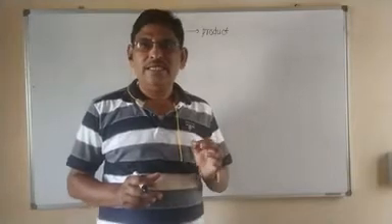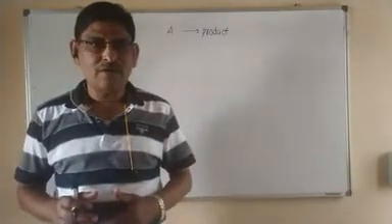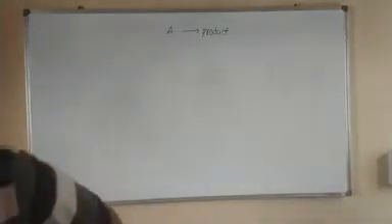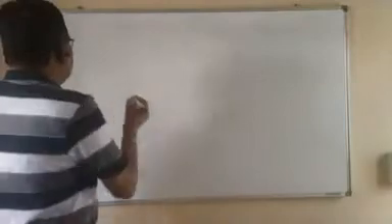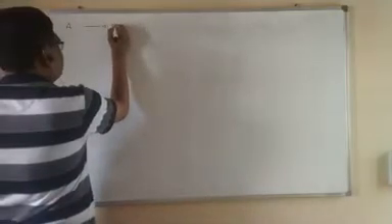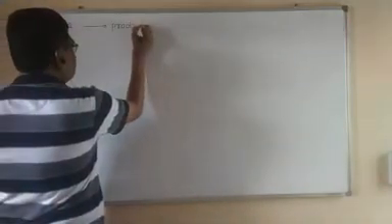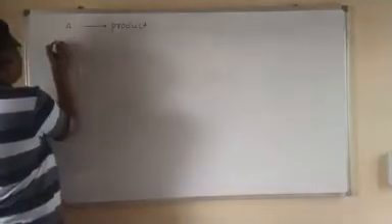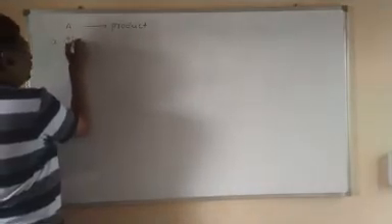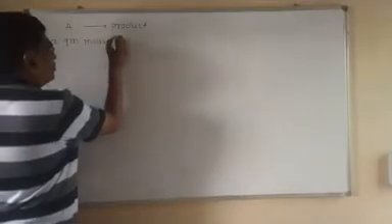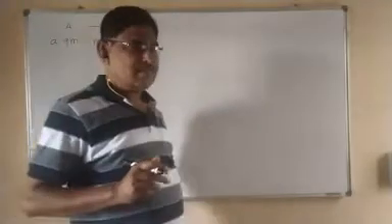Now, expression for rate constant. We are going to derive it. The general reaction is A gives product. Let small a gram moles per liter be the initial concentration of this reactant.